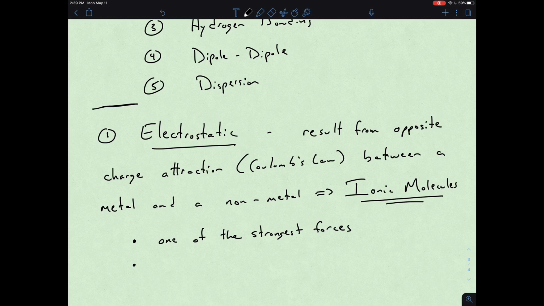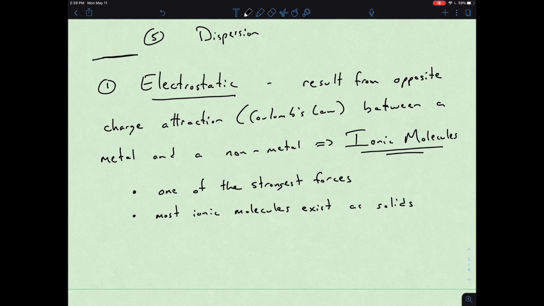This is why most ionic molecules exist as solids, because it's one of the strongest forces out there. And there is a relationship between ranking these ideas of electrostatic forces in terms of comparison.